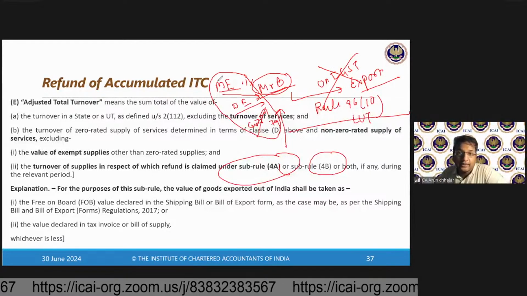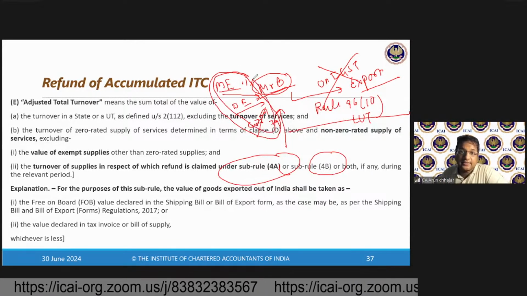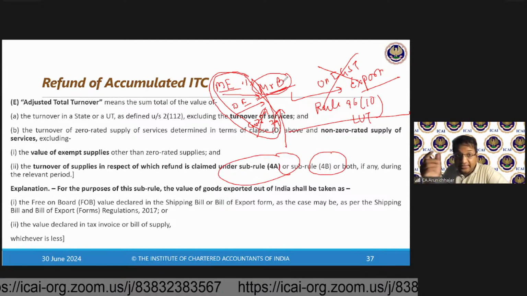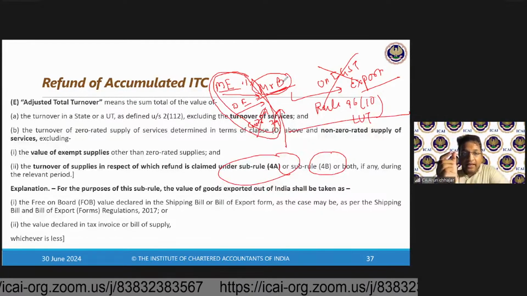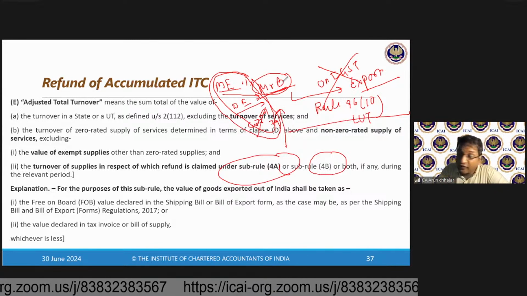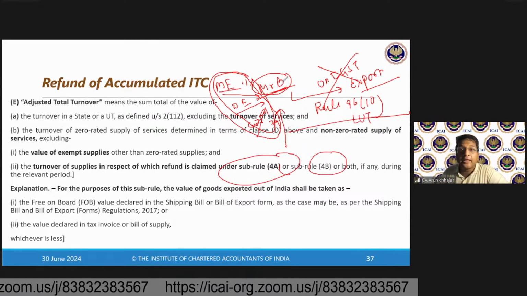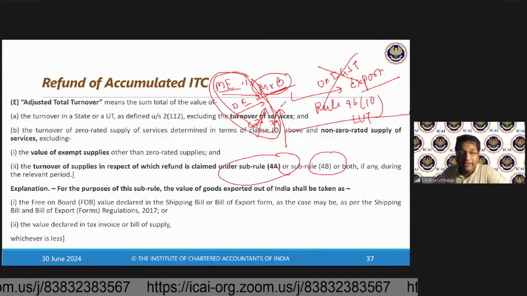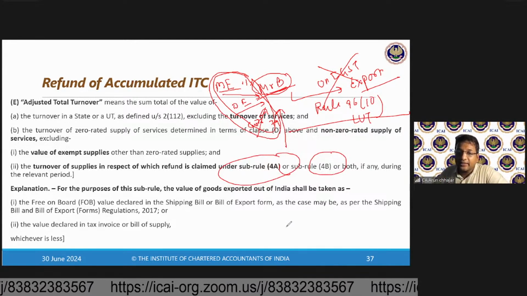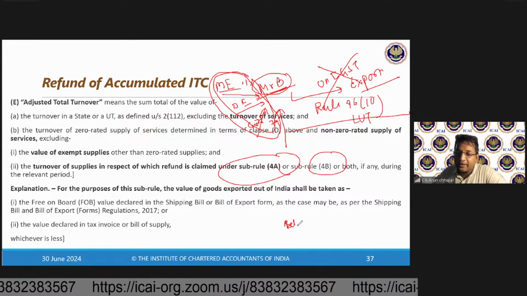Second point, this purchase which is made by Mr. B at a concessional rate notification, and then he is doing the export, whether he would be entitled to take the ITC refund, 100% is no problem. But in that case, when he's applying for the refund, the refund would be under a separate category.